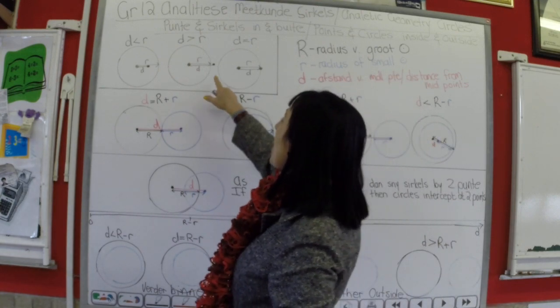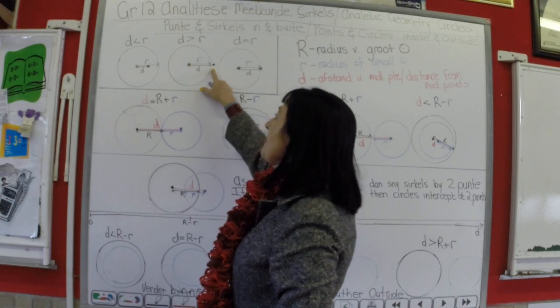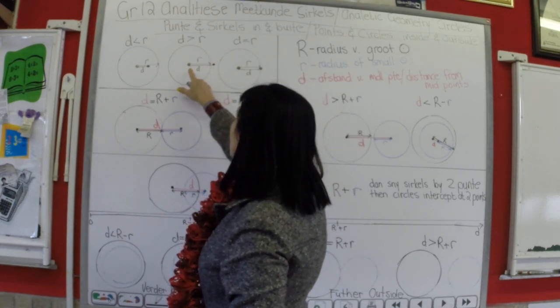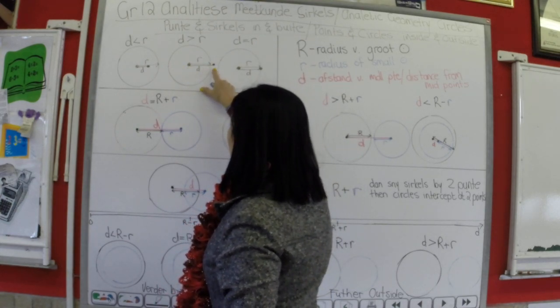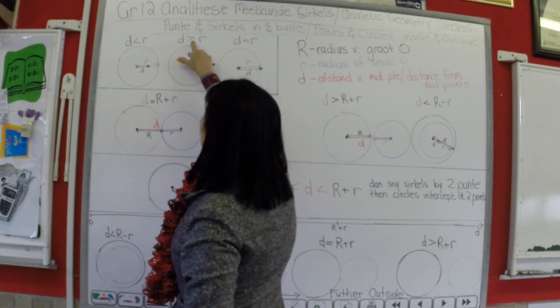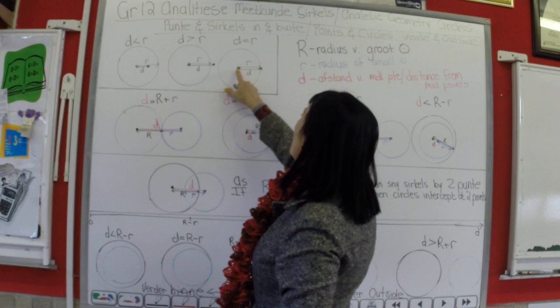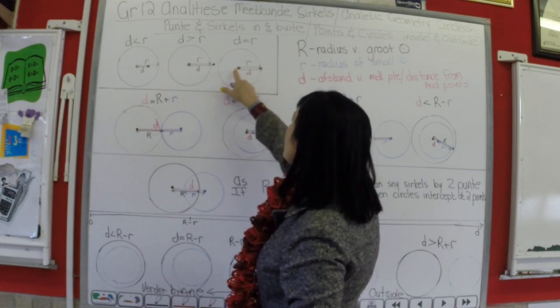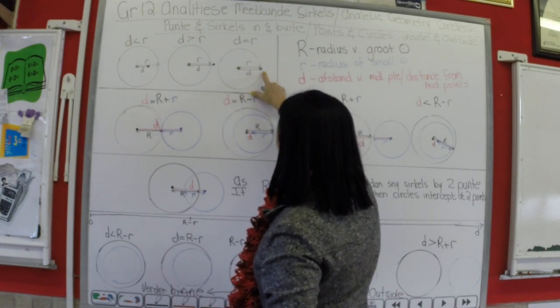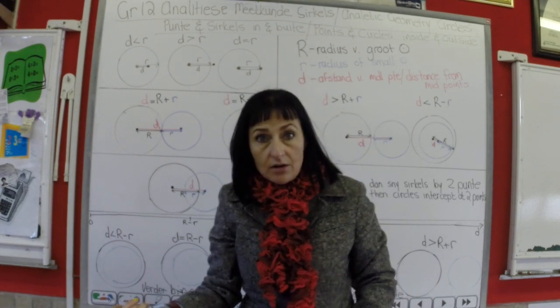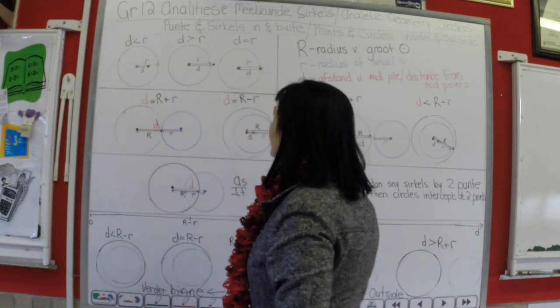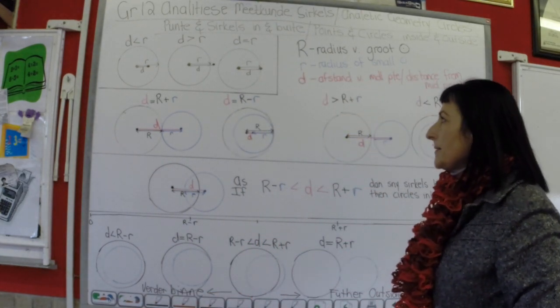When the point is on the outside of the circle, the distance from the midpoint to that point is clearly greater than the radius. En die laaste een is waar die afstand tussen die middelpunt en die sirkelrand is dan die radius, and therefore it's equal to each other. Very easy.